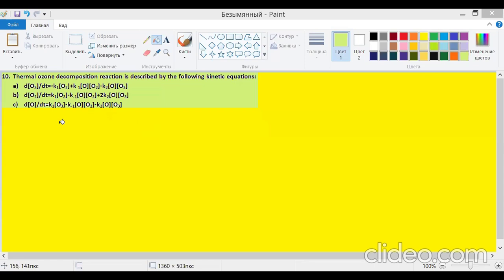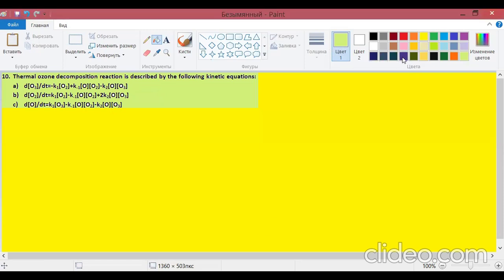And they ask us to write a possible mechanism of this decomposition, based on these equations. So let's do that. It's very easy to do.